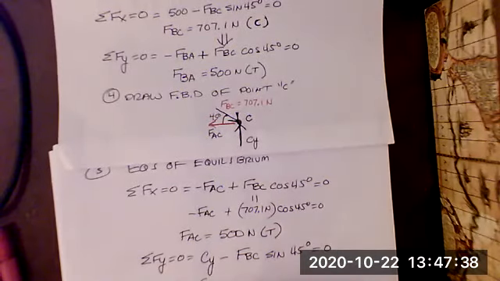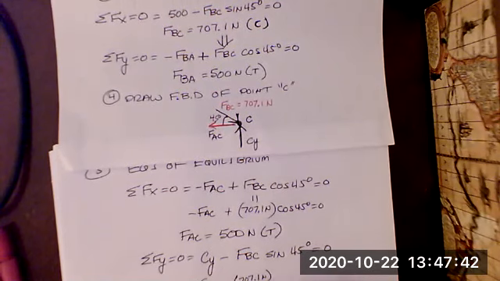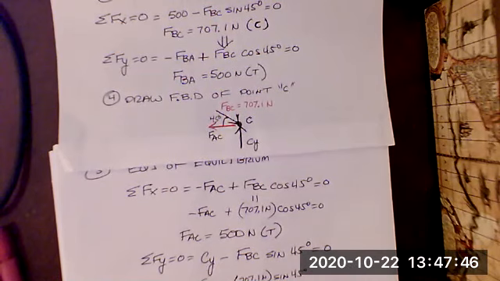So this is CY minus, again, 707.1 newtons, sine 45 degrees.